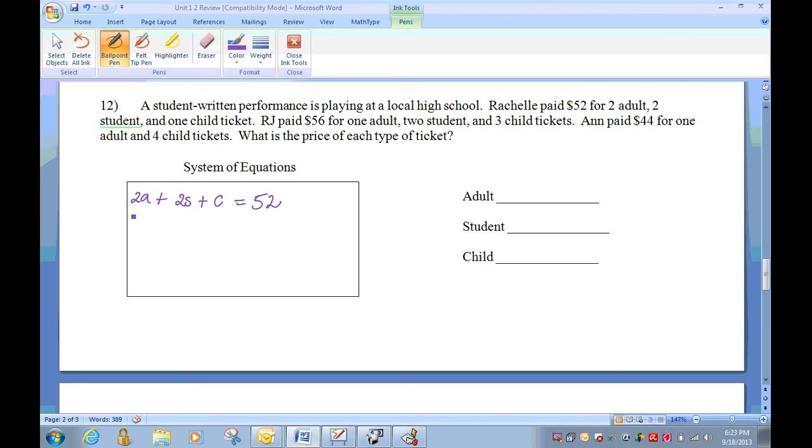RJ paid $56 for 1 adult ticket, 2 student tickets, and 3 children tickets, and that was $56. And then Ann paid $44 for 1 adult ticket and 4 child tickets. So those are the 3 equations, and now we can go into our calculator and do the same process.